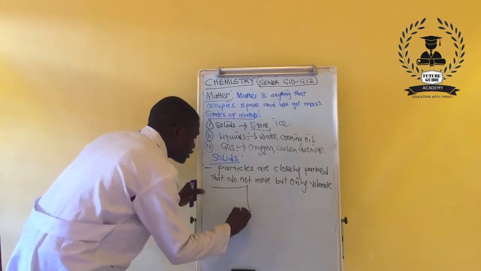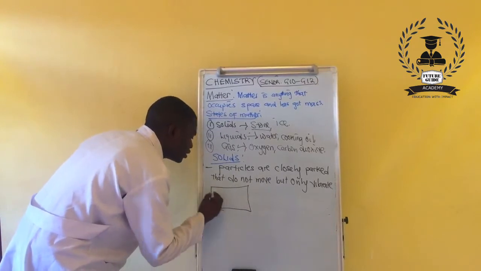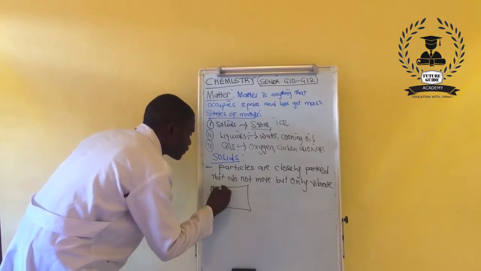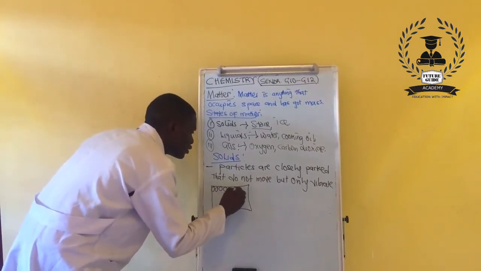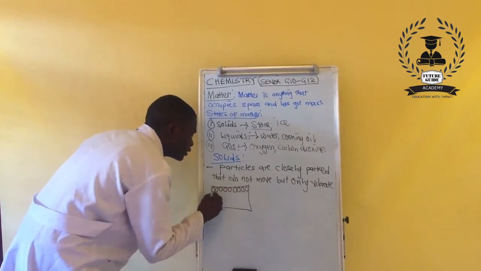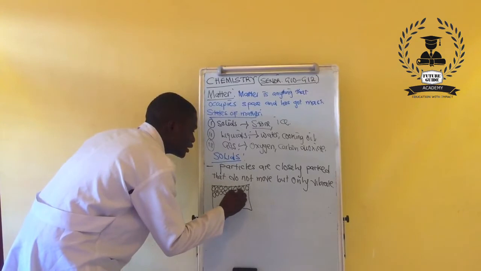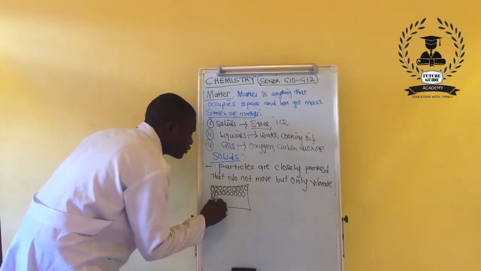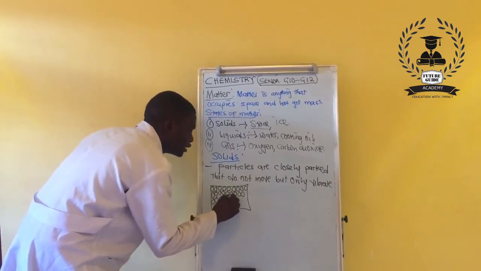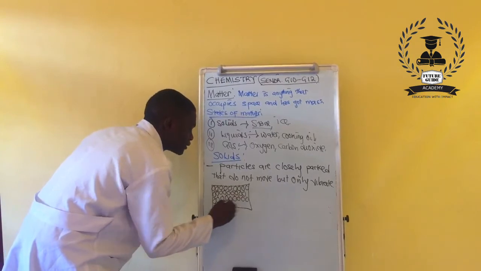A very good example. We are looking at that one, the arrangement of particles in solid. Look at how particles are arranged close to each other, that they do not move but only vibrate.